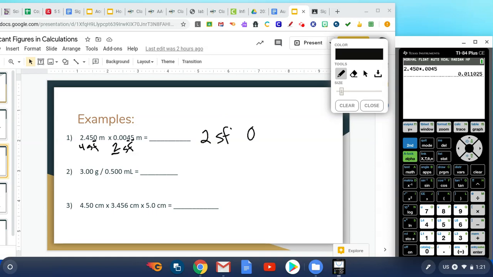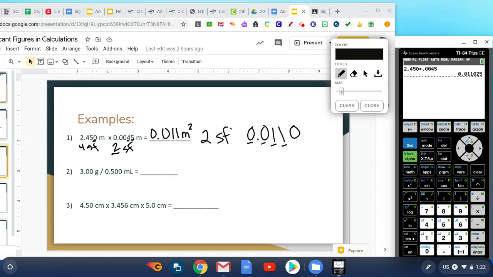So when I'm rounding, I can only keep two significant digits. These don't count, remember, because they're leading zeros. So I can keep this one and this one. Then I look at the next digit to see if this one rounds up, and it does not. So I should report my answer as 0.011, and then I have meters times meters, which would be meters squared. So that's my answer for the first one.